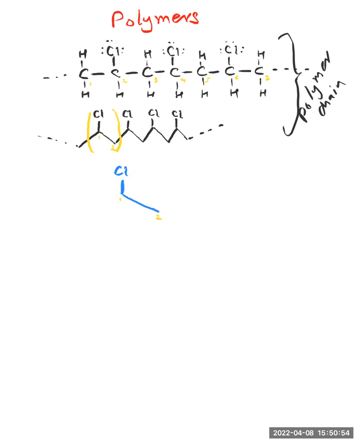This is repeated over and over in the polymer. So we draw parentheses around it, and then write a subscript n to indicate that this unit is repeated n times. This n can range from 50 to thousands or tens of thousands, but what matters is it's a large number.